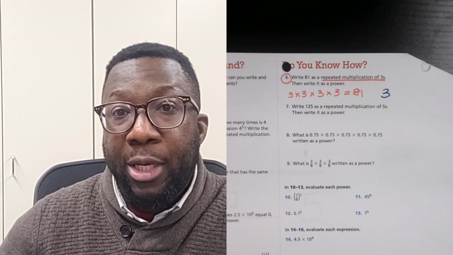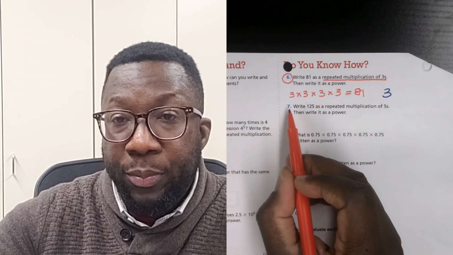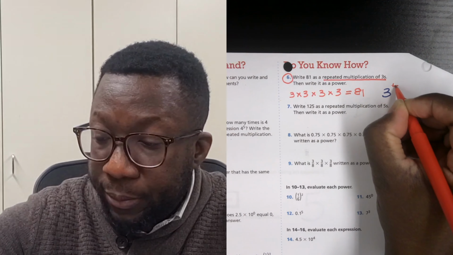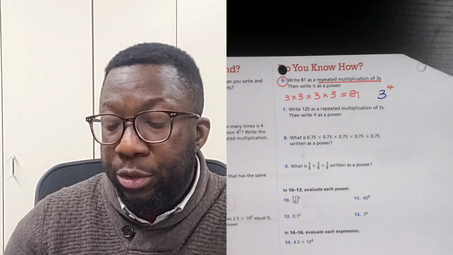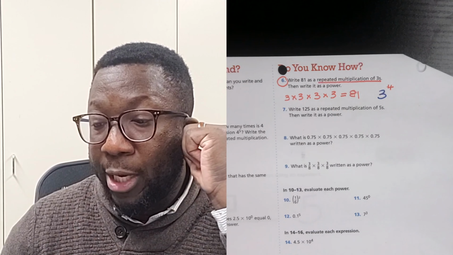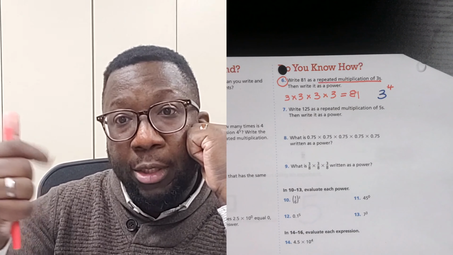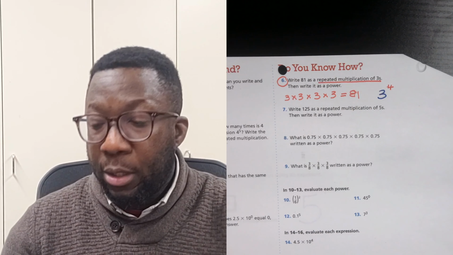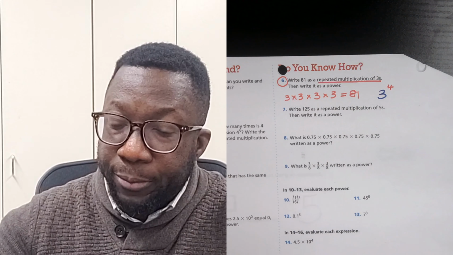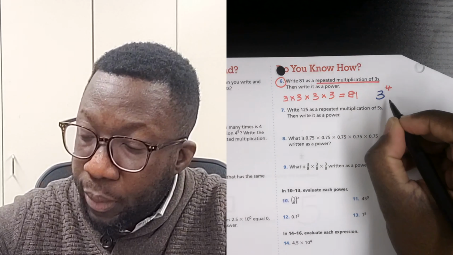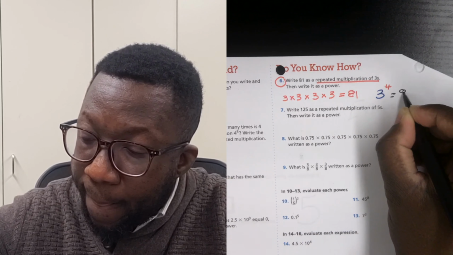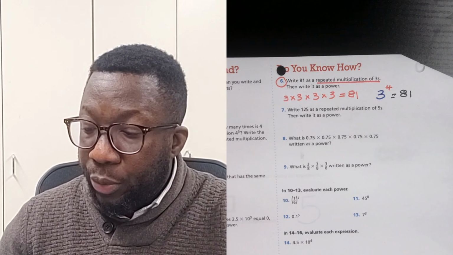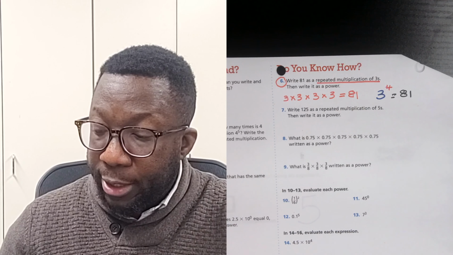And the number of times that the 3 is being repeated, 1, 2, 3, 4, is going to be our exponent. So 3 to the 4th power is equal to 81, because it means 3 times 3 times 3 times 3, which gives us a product of 81.